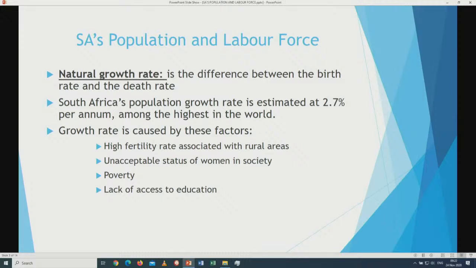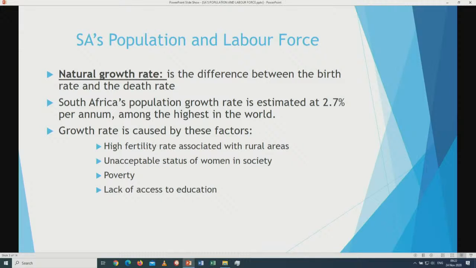And it's not only girl children who do not have access to education. In certain rural areas we still have this problem where children do not have access to education, even though the government is trying its best to make sure that education is accessible to all South Africans, irrespective of where they reside, in rural or urban areas.